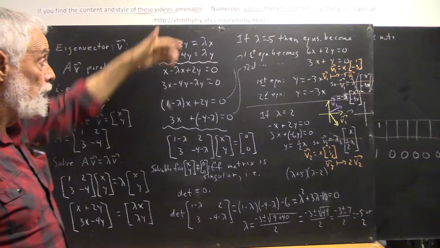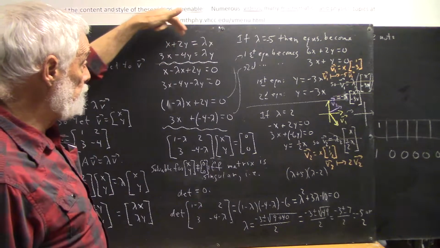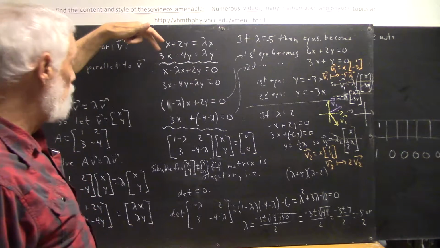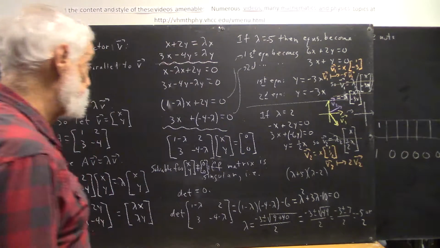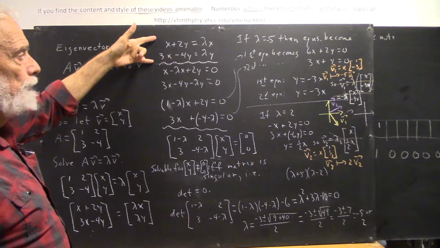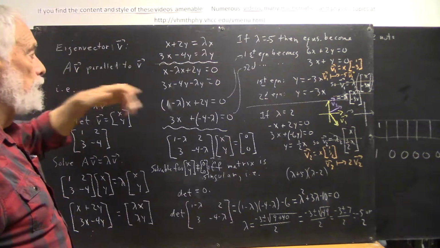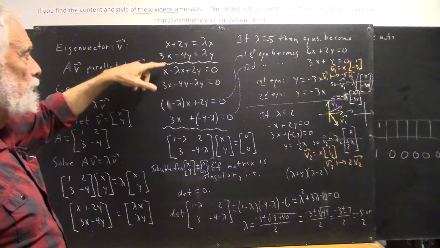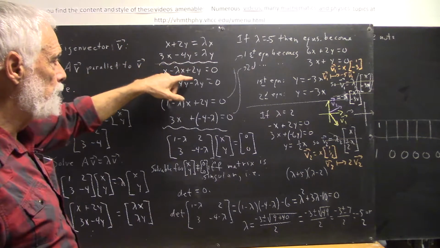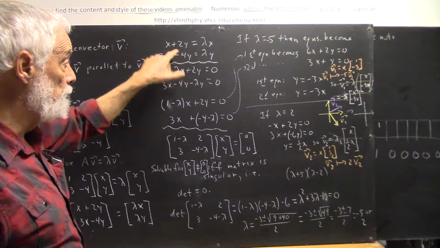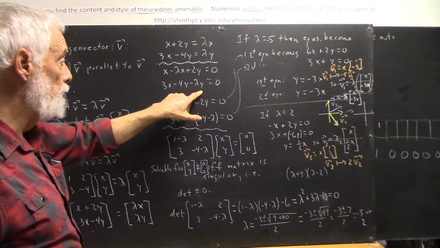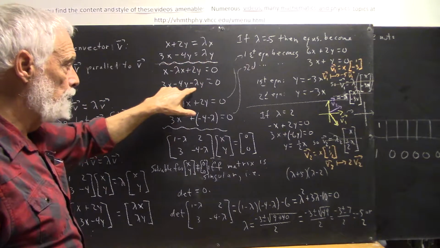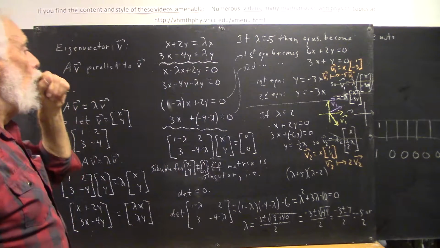This gives us two simultaneous equations: x plus 2y equals lambda x, and 3x minus 4y equals lambda y. These equations are easily rearranged, just collecting terms. The first equation becomes x minus lambda x plus 2y. In the second equation, we'll put the lambda y with the negative 4y, getting 3x minus 4y minus lambda y.